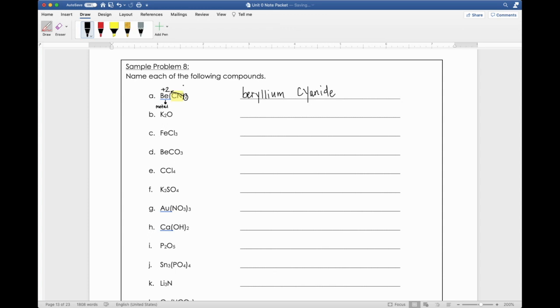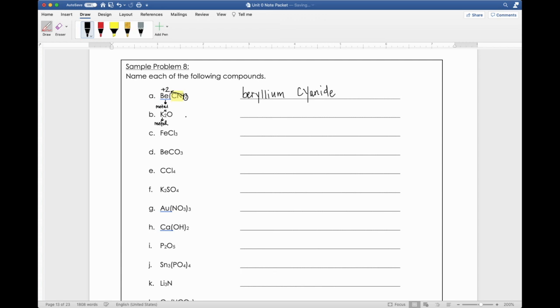For B, let's see here. So B, you'll always look at this first element that's listed, and potassium is also a metal. So because we have another metal there, we don't have to use prefixes. We're just going to name this as I normally would, just saying the name of the elements that comprise it. Potassium only has one charge, and that one charge is +1.